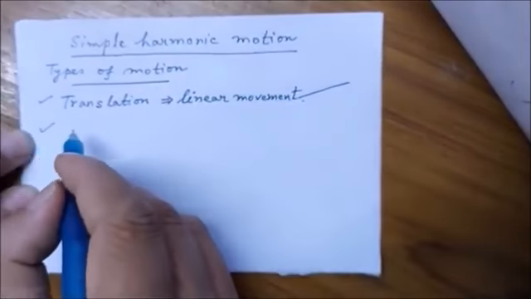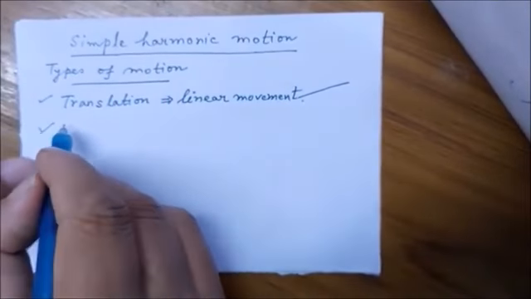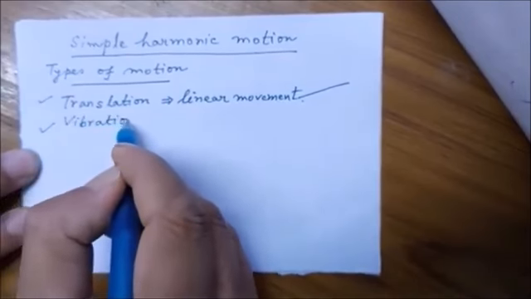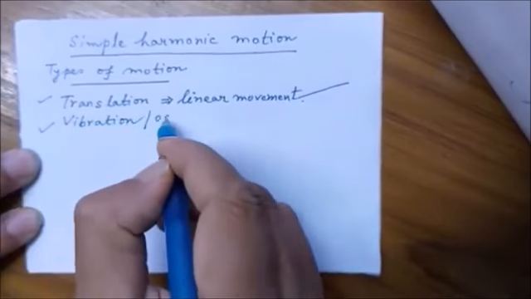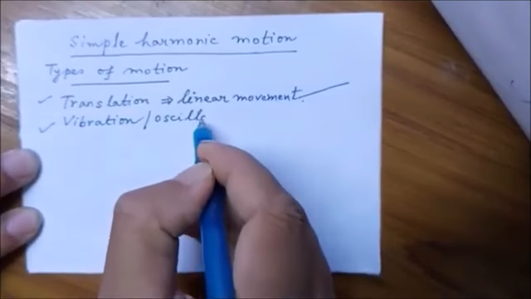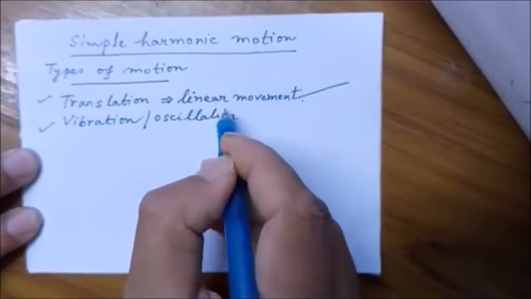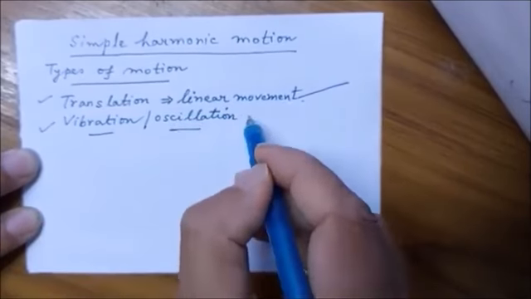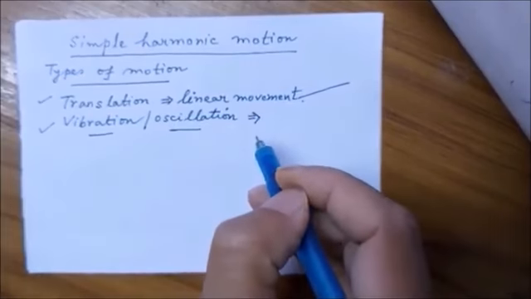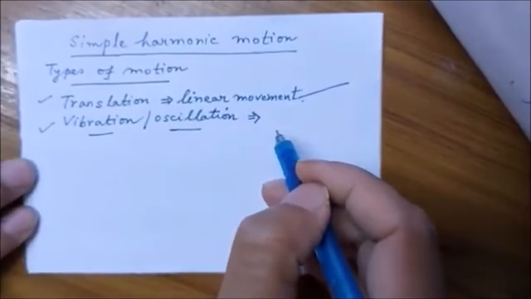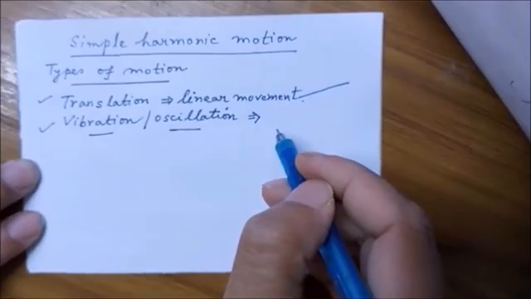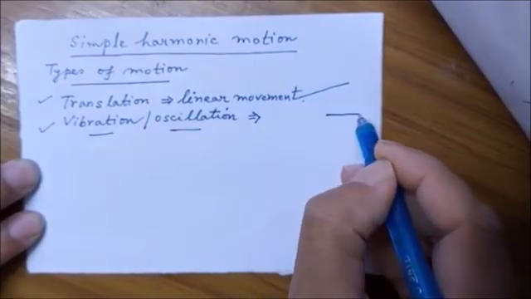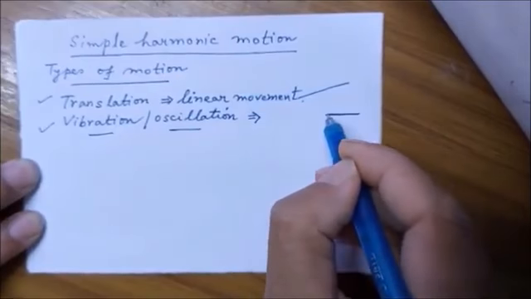The second type of motion that we can think of is vibration, which we also call oscillation. Oscillation means to and fro motion or back and forth movement. That is, a particle is tracing a path and retracing it back.